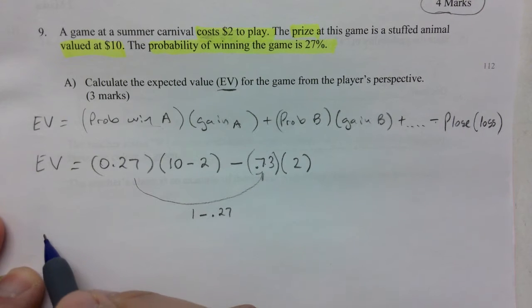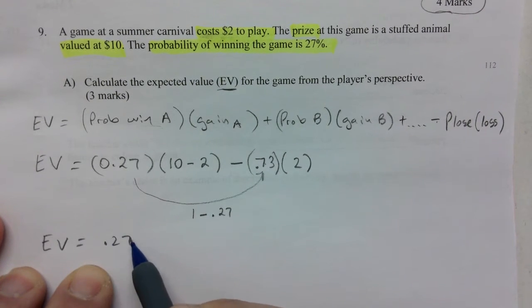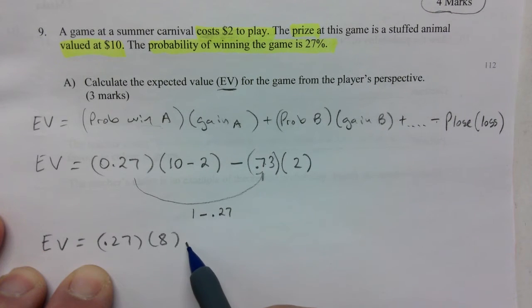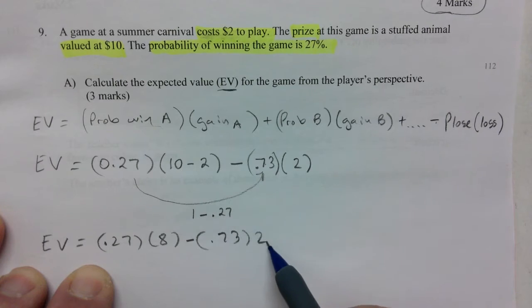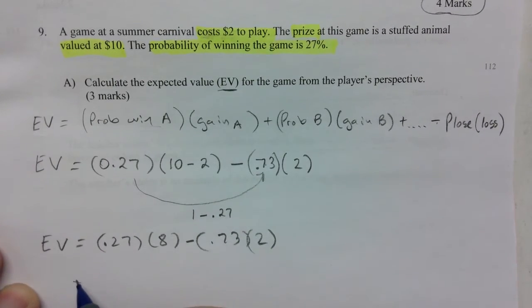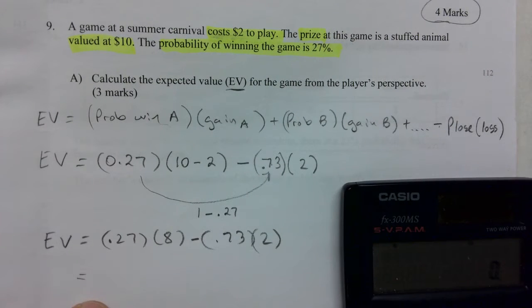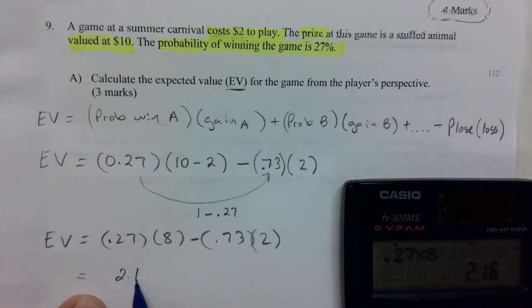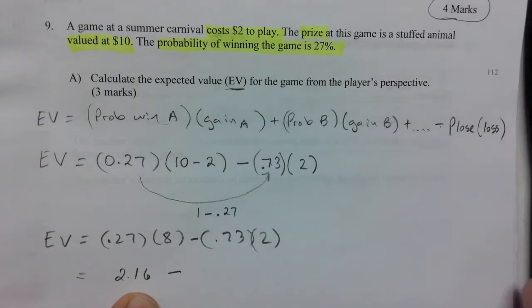And we'll calculate it. 0.27 times 8 minus 0.73 times 2. You could do this in one shot if you have a decent calculator. I'm going to write down every step.